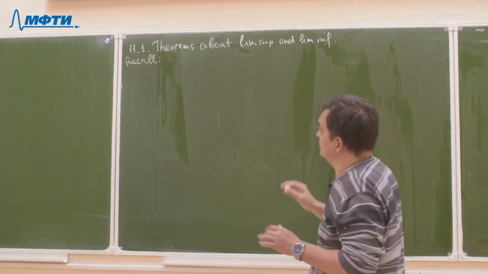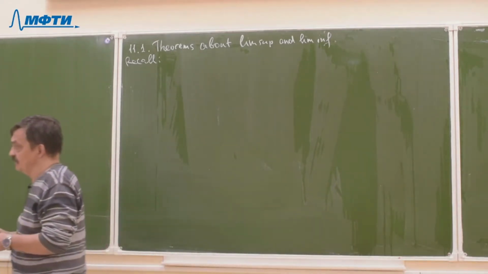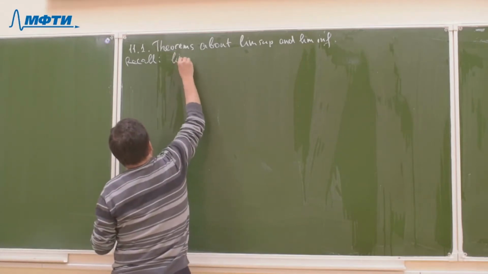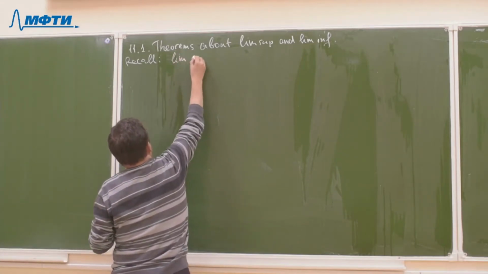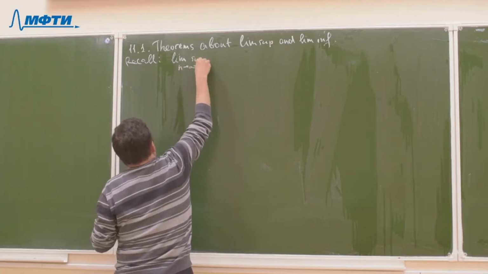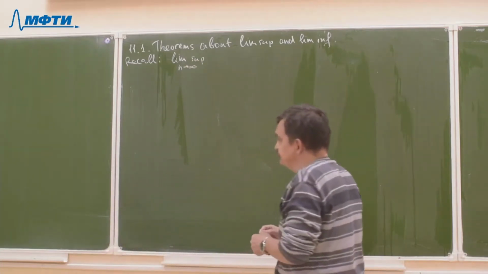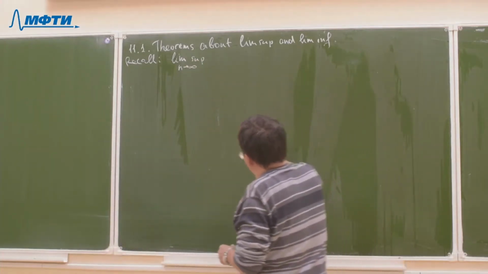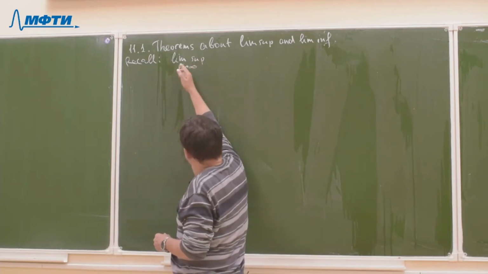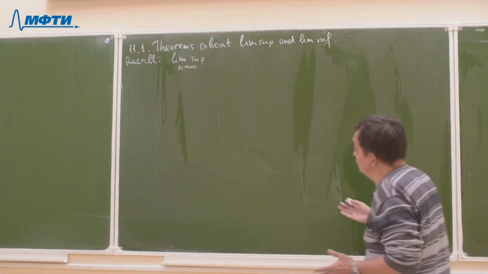Mainly I'll talk about limsup because everything about lim inf is analogous, so I'll start with limsup. So there are two definitions. One, in fact, explains why such a notation is used.